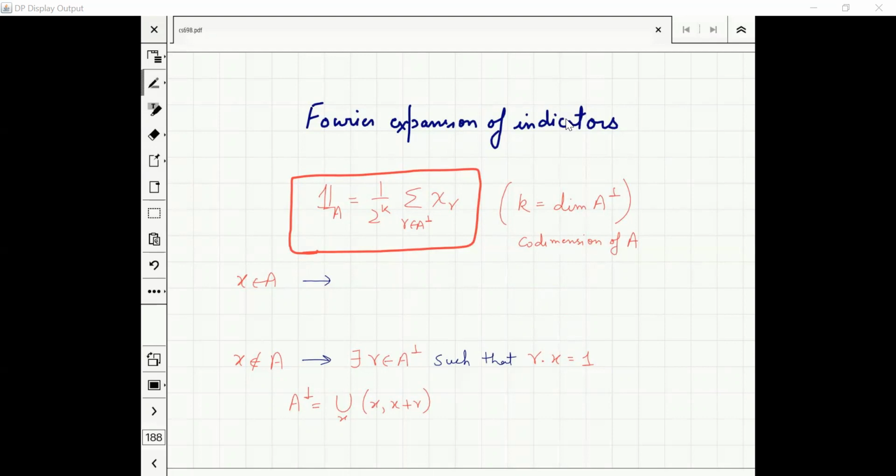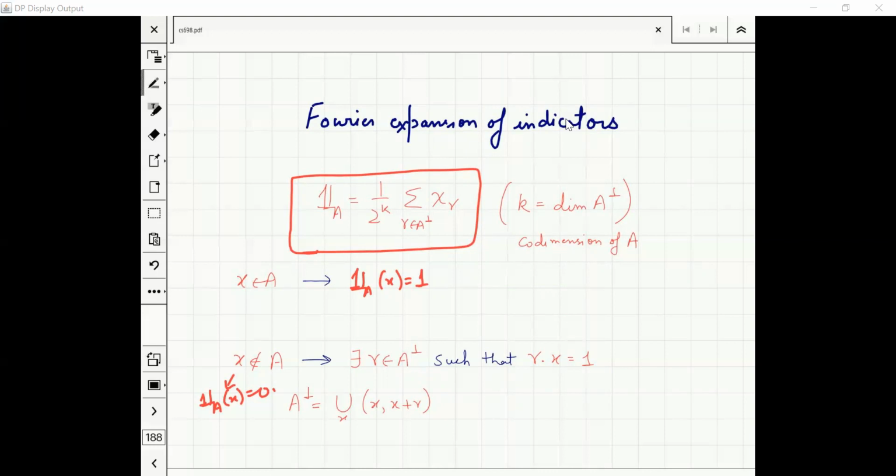I am claiming that 1A is equal to this. That means I have to show that if x is an element of A, then 1A(x) should be 1, and when x is not an element of A, then 1A(x) should be 0.